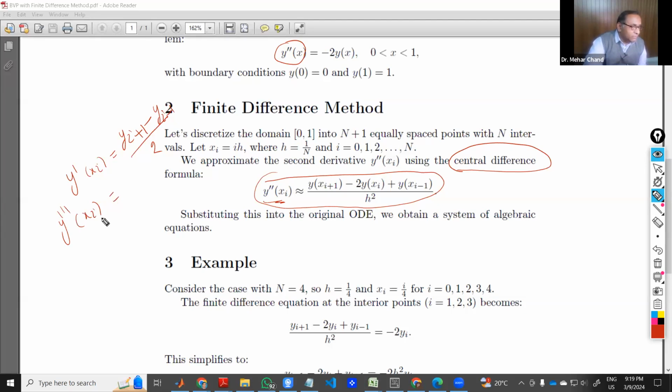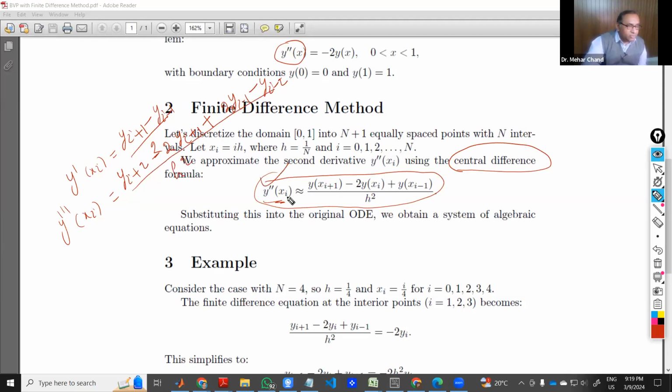So the central difference for third order is y triple prime equal to yi plus 2 minus 2yi plus 1 plus 2yi minus 1 minus yi minus 2 upon 2h cube.